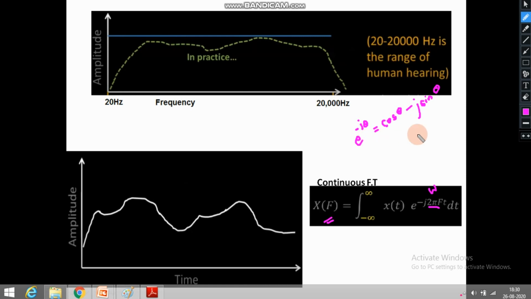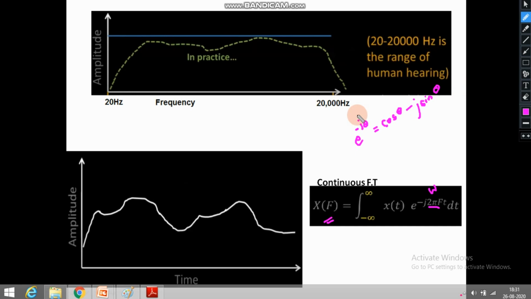So here we can see that x of f will be a complex valued function, and we will get a magnitude and phase part for this equation of x of f, the frequency domain signal converted from the continuous time domain signal by using the continuous time Fourier transform.